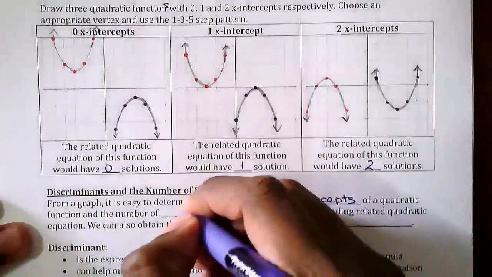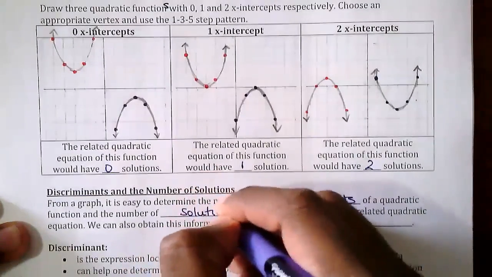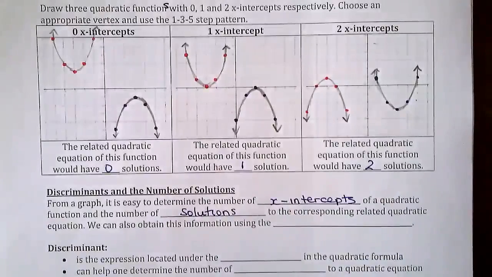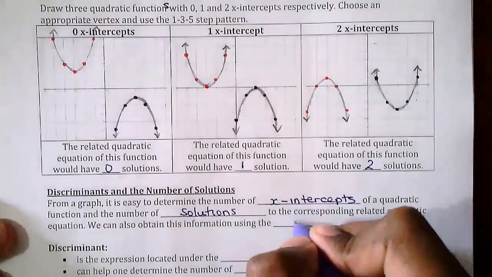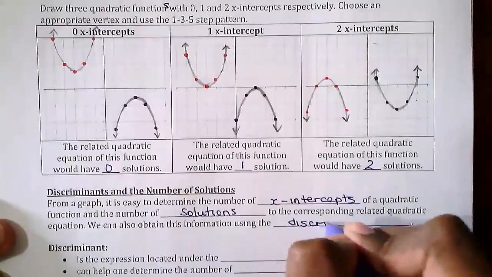So from a graph, it's easy to determine the number of x-intercepts of a quadratic function, and as a result, the number of solutions of the corresponding related quadratic equation, because we know those numbers match up. We can also obtain this information using something called the discriminant.